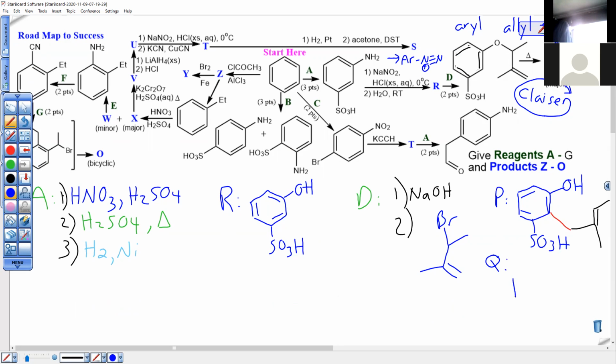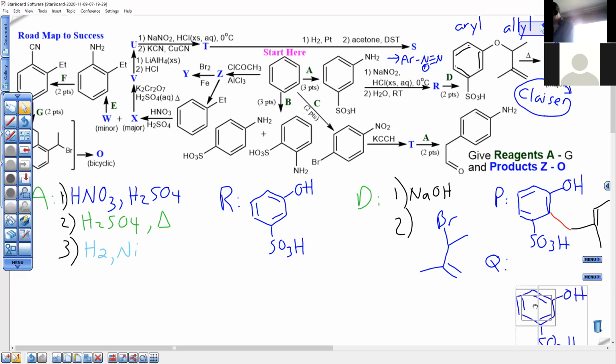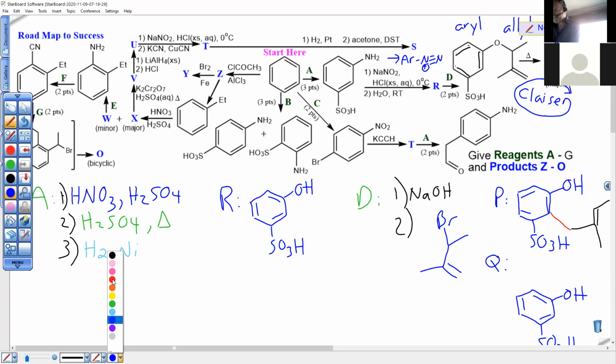Go back to my original resonance form in case you want to practice the mechanism on your own. And the OH is here, and the SO3H is here. Need a little more room to draw my group. The new bond to the same group right there.